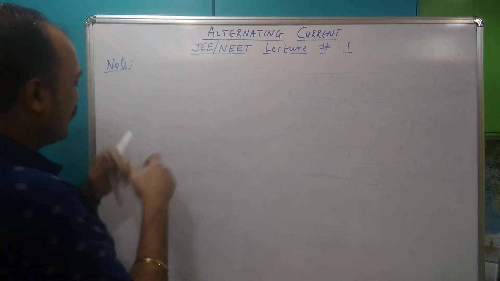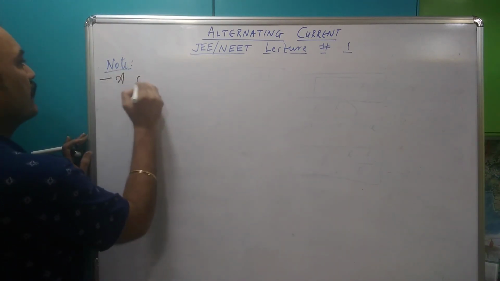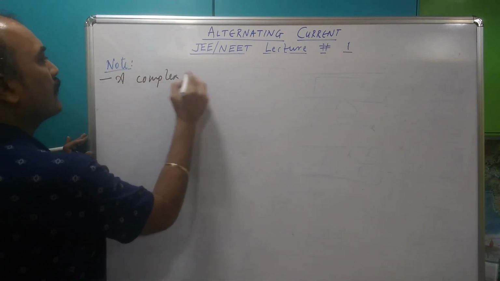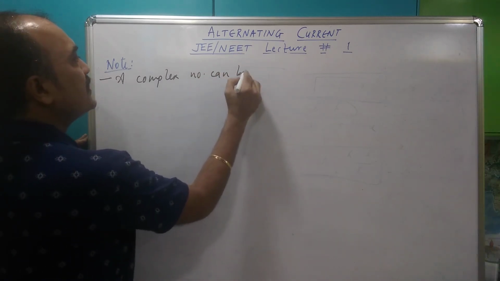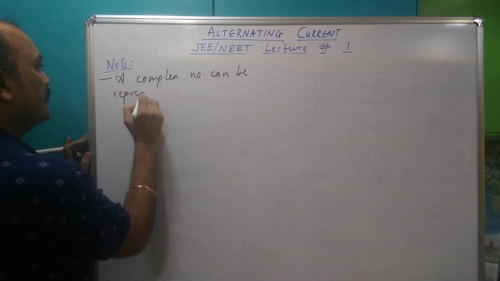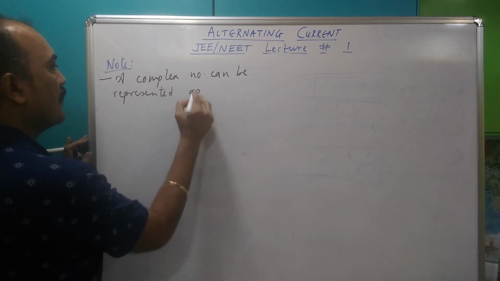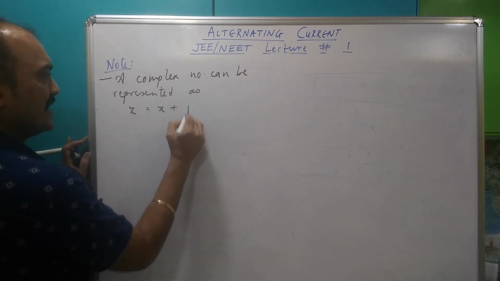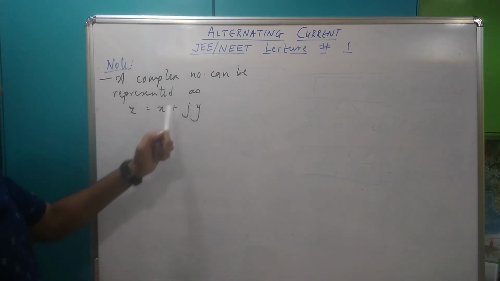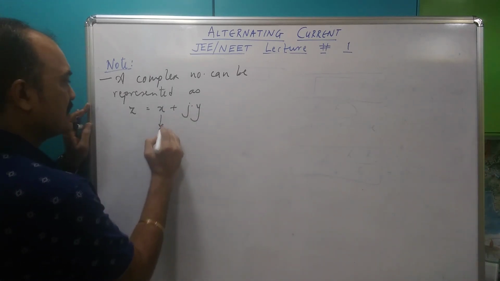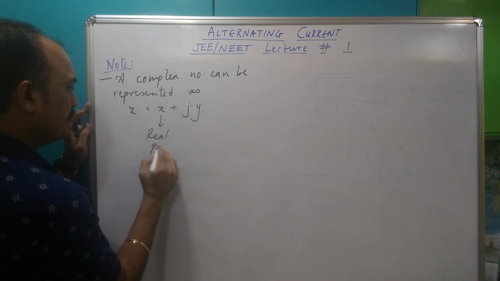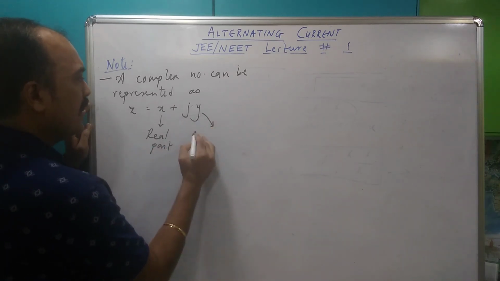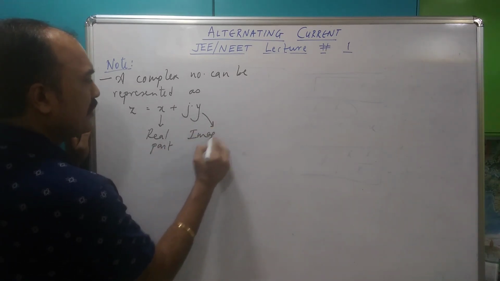A complex number Z can be represented as X plus JY. Here X is the real part and Y is the imaginary part.